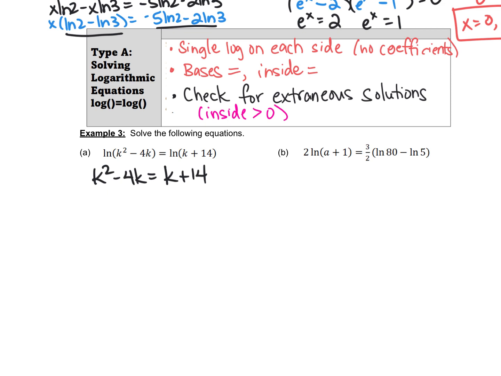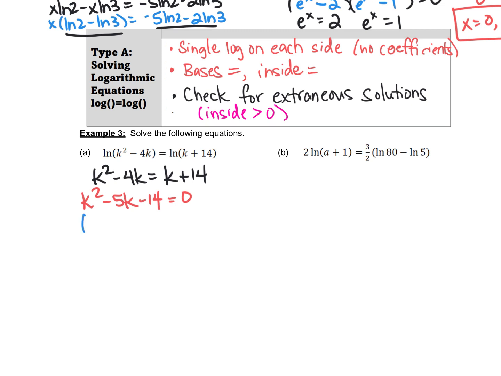What next? Yeah, move everything to one side. It's quadratic, right? So that would give me k squared minus 5k minus 14 equal to 0. There you go.